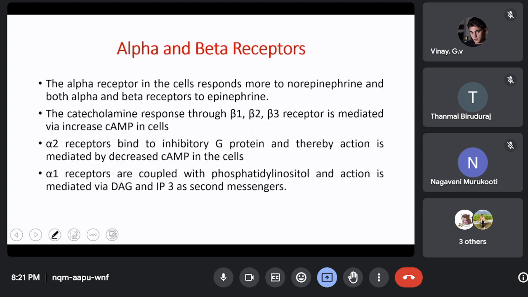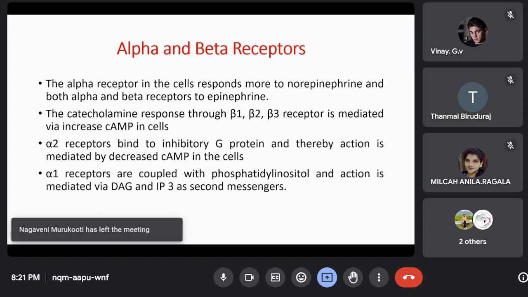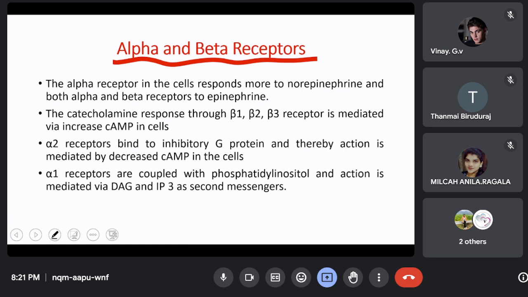Okay. And coming to the response to these catecholamines, there are two receptors involved here, alpha and beta. The alpha receptor in the cells responds more to norepinephrine, whereas epinephrine can bind to both alpha as well as beta receptors.